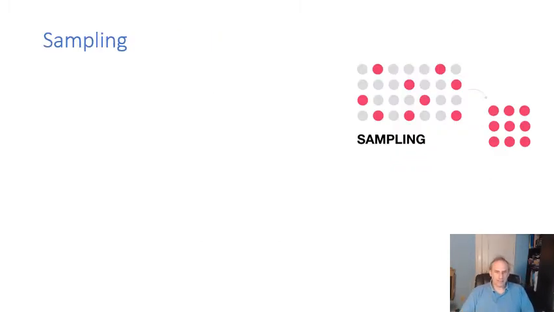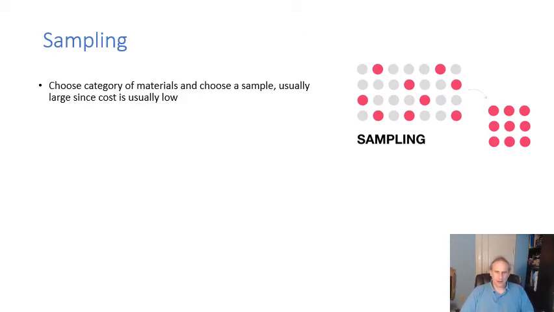For sampling with content analysis, there's a number of issues that come into play. First of all, you need to choose the whole category of materials that you want to analyze, and then choose a sample. Now, the advantage of content analysis is you usually can have a quite large sample since the cost is usually low.